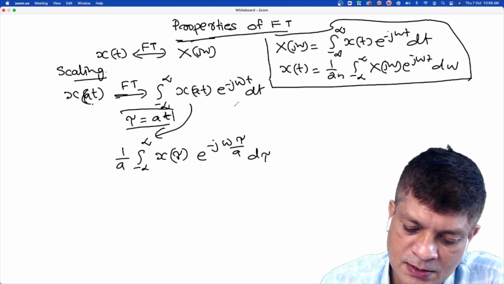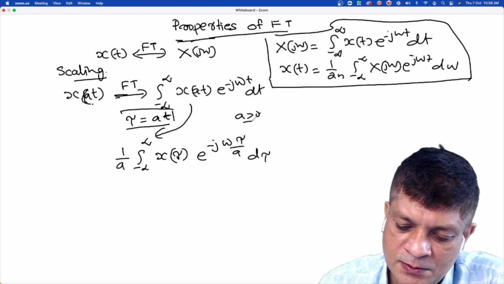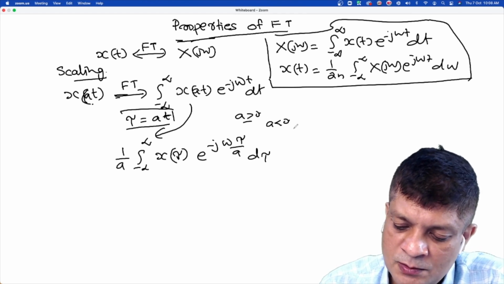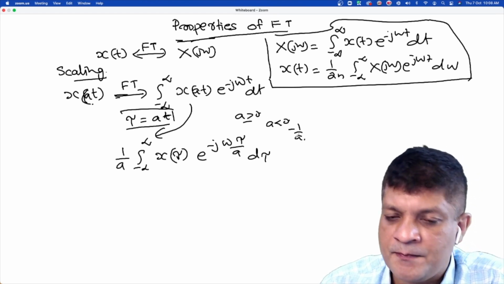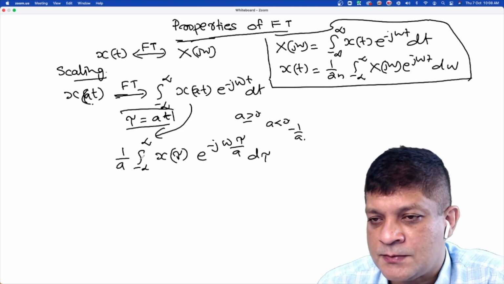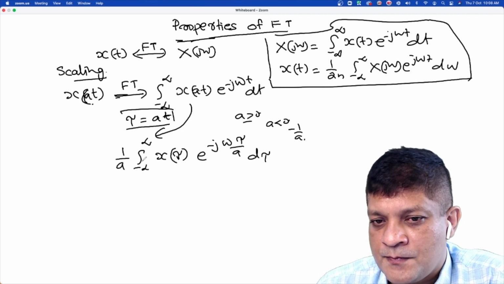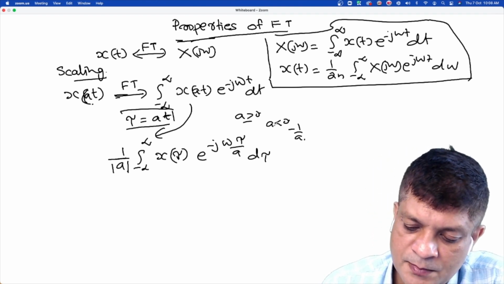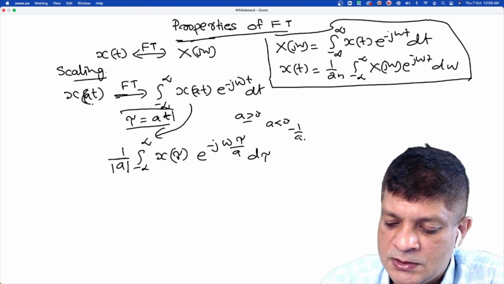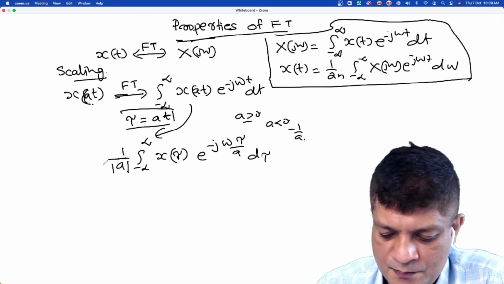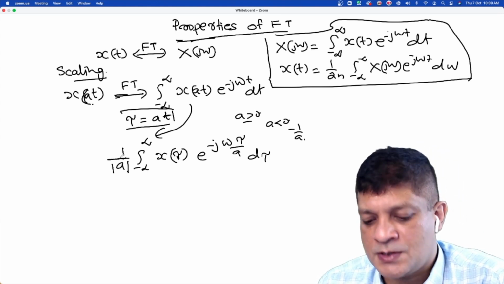The reason is that if a is greater than 0, it is 1 by a, and if a is less than 0, it is minus 1 by a, because the limits will change. For a less than 0, minus 1 by a, we can write it as mod a. So this is the time scaling property.